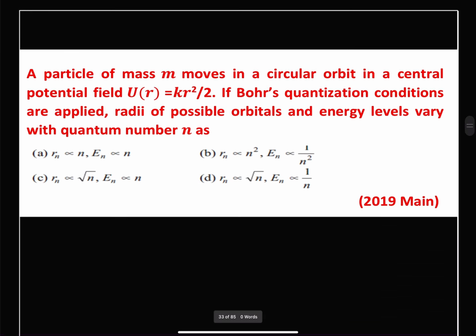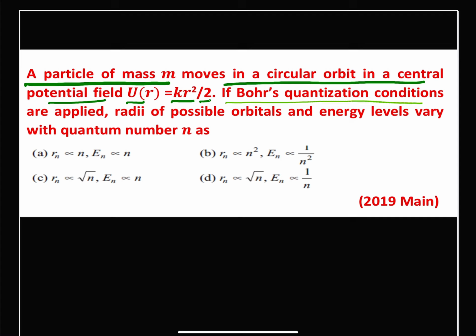It states that a particle of mass m moves in a circular orbit in a central potential field U(r) = kr square divided by 2. If Bohr quantization conditions are applied, radii of possible orbits and energy level vary with a quantum number n. So we have to find out how the radii as well as energy level vary with the quantum number n.